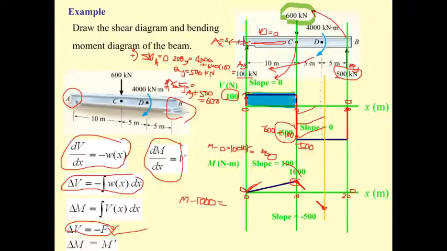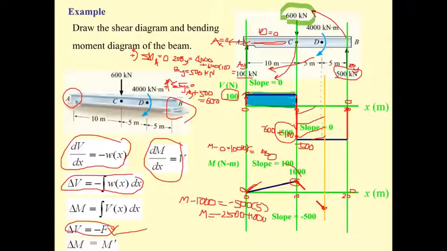And then you guess it's going to be equal to the area here. That is going to be minus 500 times 5. So it's going to be minus 500 times 5. That is going to be minus 2,500. So the M here is going to be minus 2,500, and then plus 1,000.